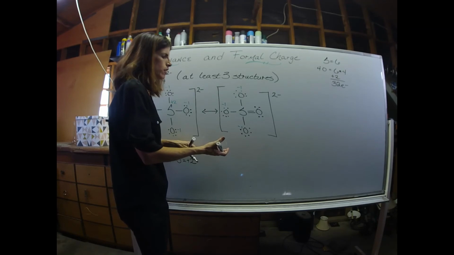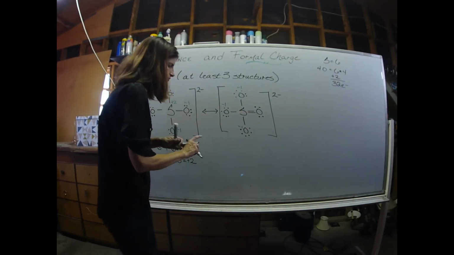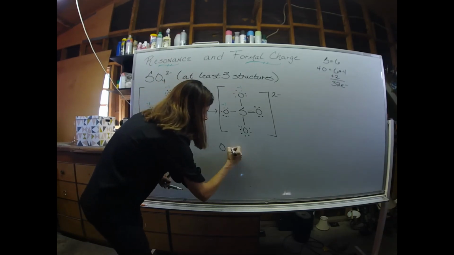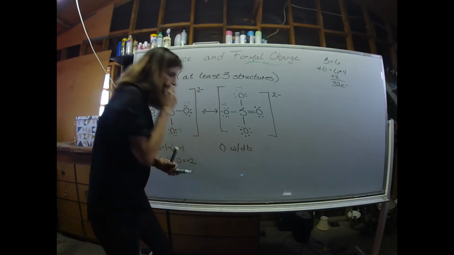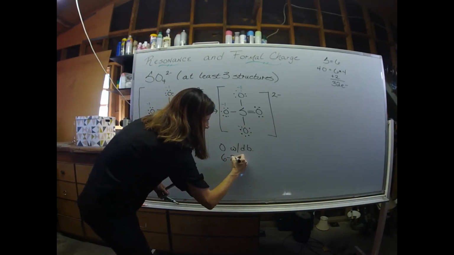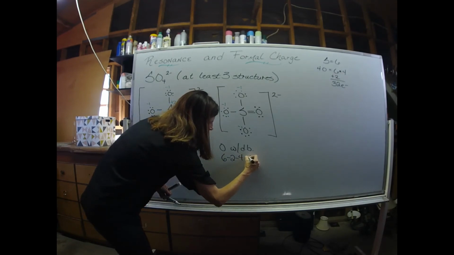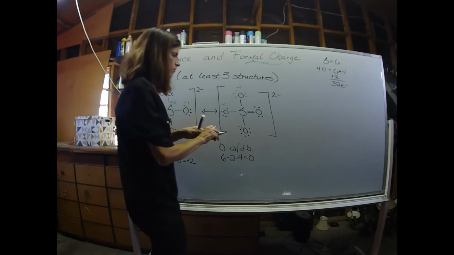We're going to have -1 there. This double bonded oxygen, I'll do oxygen with the double bond, just so you know which one I'm talking about. Group number of 6, 2 lines, 4 dots. So that's going to have a formal charge of 0.